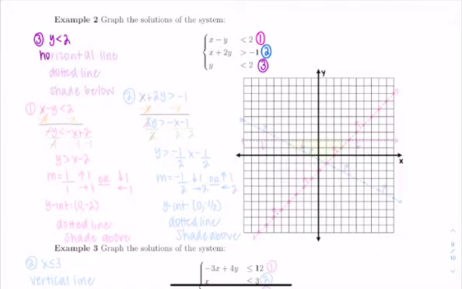This is a horizontal line, since it only has y involved. It's going to be dotted, and we are going to shade below. Let's go ahead and just plot that one first because it's easy enough.